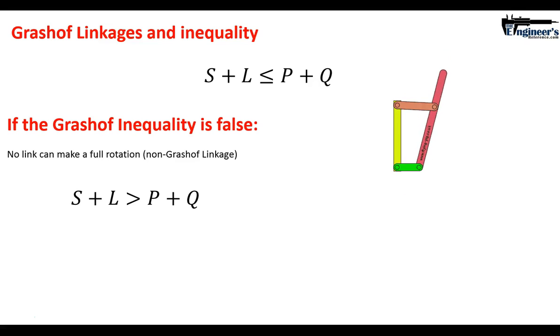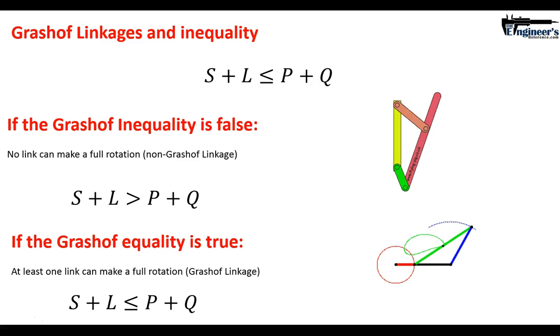Now, if we look at Grashof and see the inequality is true, then you have what's known as a Grashof linkage. And that is saying that you will see something make a complete rotation. Now, of course, this other linkage here, this particular blue one, is making a reciprocating motion back and forth, which is a pretty important concept.